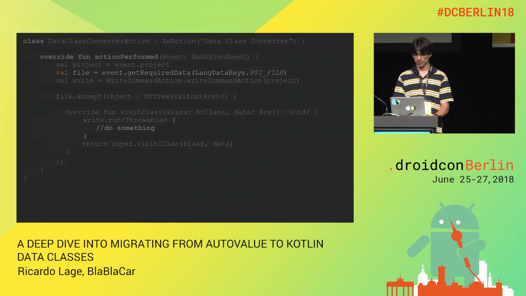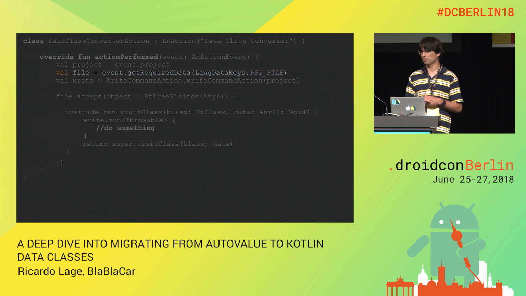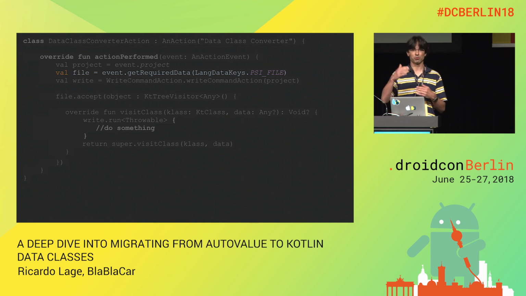So we look into a simple example here where we first get the current file that is open. And that returns a PSI file. A PSI file is basically an interface that IntelliJ provides for us to navigate through our code in that file.